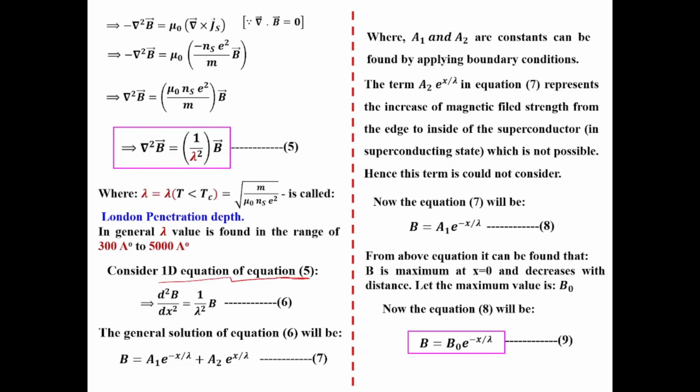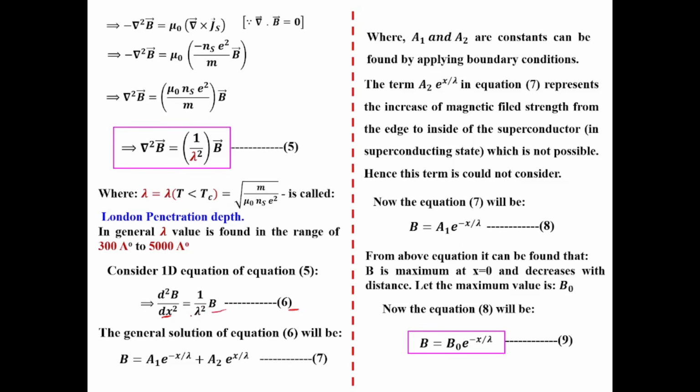Along the x-axis, this del square B is written as del square B by del x square equal to 1 by lambda square into B. Here it is written only in the form of magnitude, whereas the vector form has both magnitude and direction. d square B by dx square equals 1 by lambda square into B. Let this be your equation number 6.